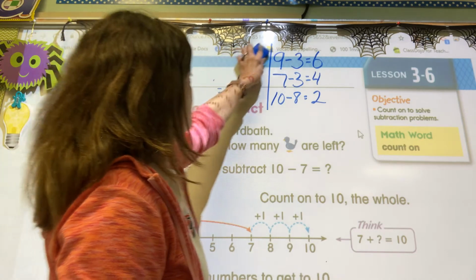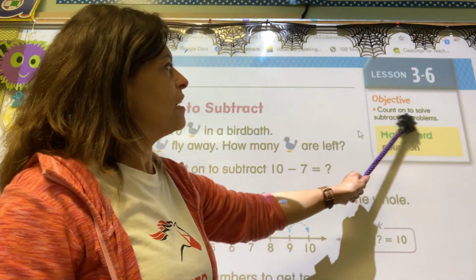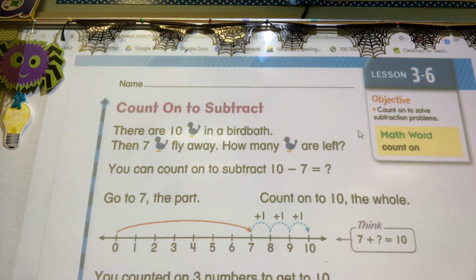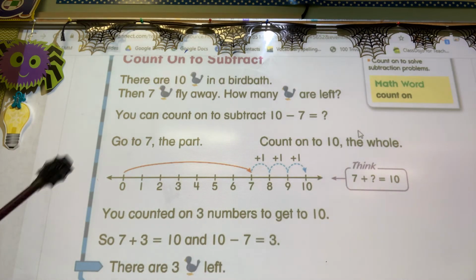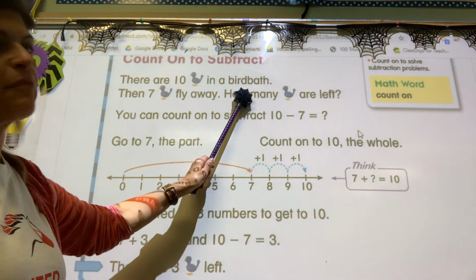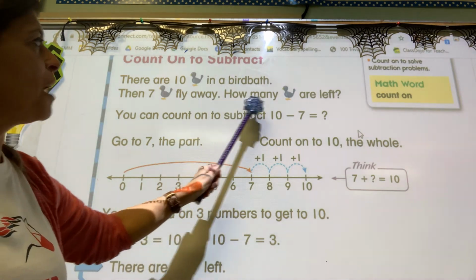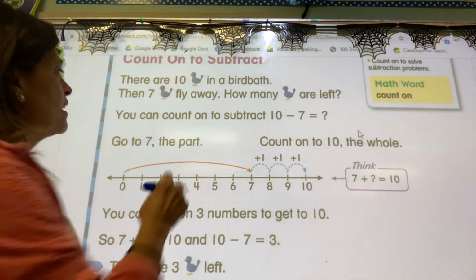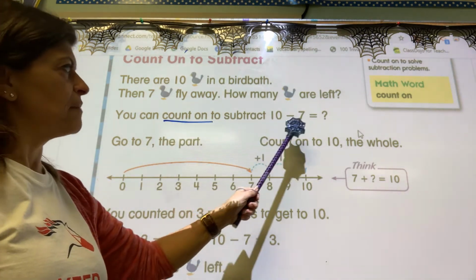Our objective for today's lesson is to count on to solve subtraction problems. So count on to subtract. Let's look at the problem. There are 10 birds in a bird bath. Then 7 birds fly away. How many birds are left? You can count on, here's those two words I said, count on to subtract 10 minus 7.